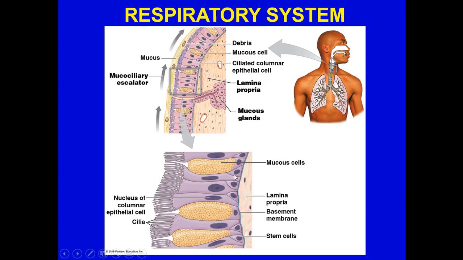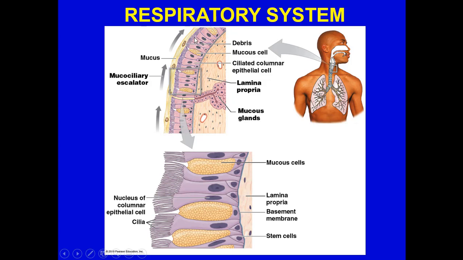Underneath these epithelial cells, you will have the lamina propria. You will also have a basement membrane. You will have stem cells here generating new columnar epithelial cells, and of course the cilia are constantly moving around. Now, you also have beneath this mucus glands, which will also subsequently supply some mucus as well.